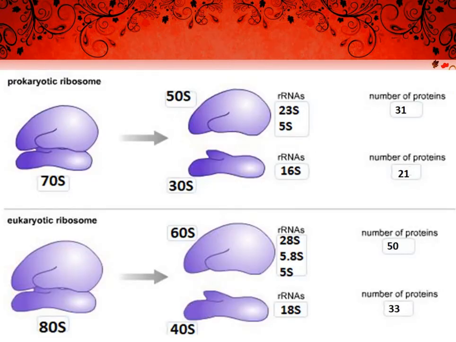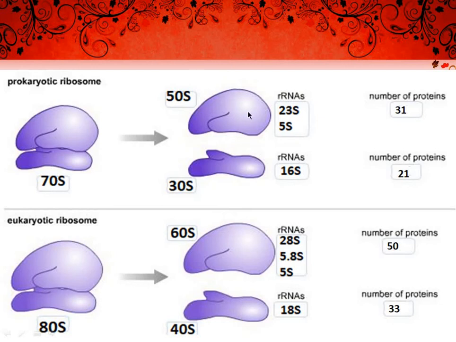Now here, this slide shows you the two types of ribosomes. In prokaryotes we have the 70S ribosomes, in eukaryotes we have 80S ribosomes. The 70S ribosome has two subunits. The larger subunit is 50S and the smaller subunit is 30S, where S is the Svedberg unit, that is the sedimentation coefficient.